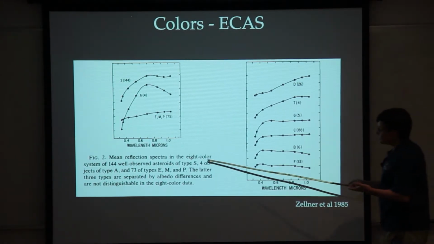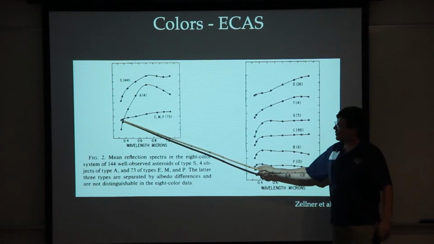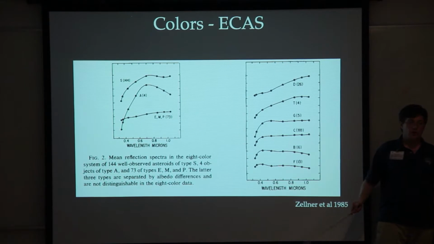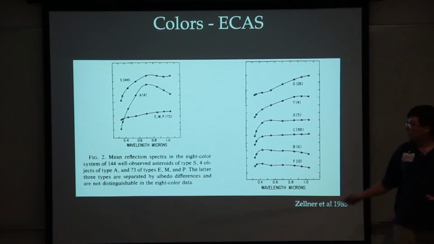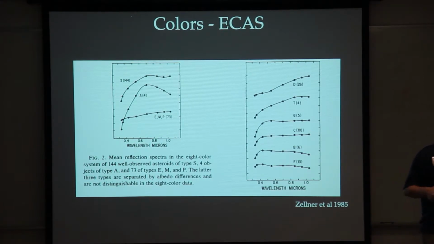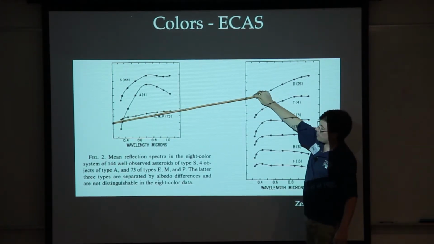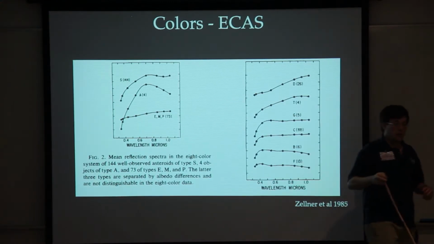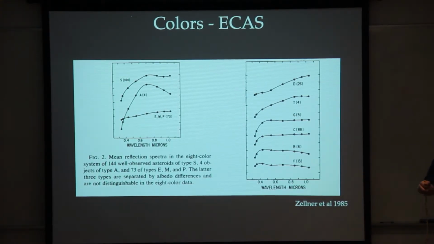And when this work was done, they had 3 different classes of objects that all had identical spectra. These E's, the M's, and the P's. They're otherwise pretty much boring, very lightly red spectra that are distinguished only by their albedo. In the 80s, they had a few albedos from IRAS.